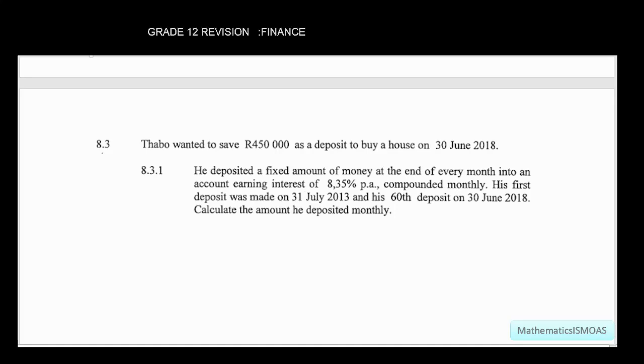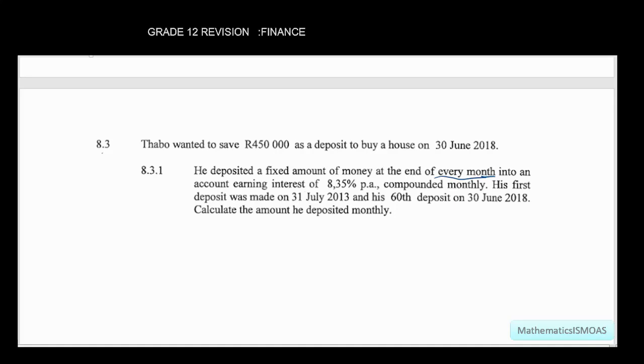Now he deposited a fixed amount of money at the end of every month. You see, once they say at the end of every month, therefore it means money is going to be deposited regularly. There will be regular payments.